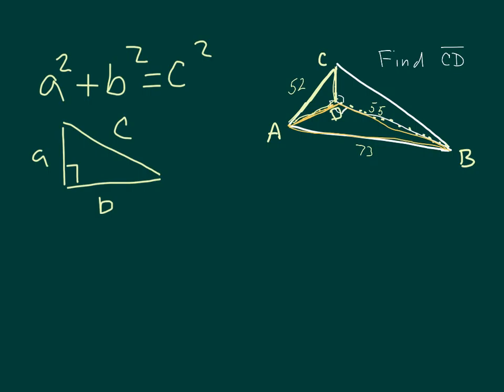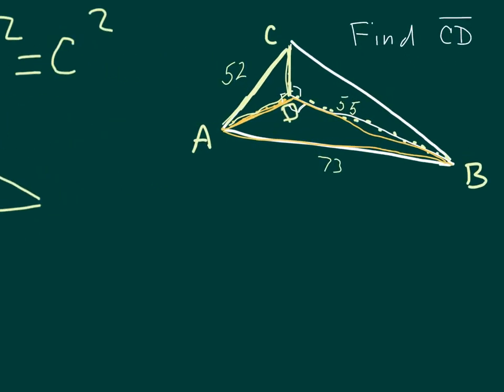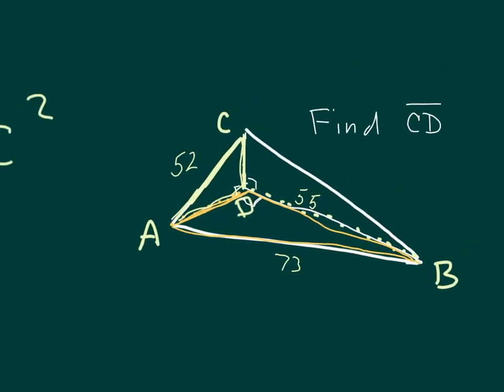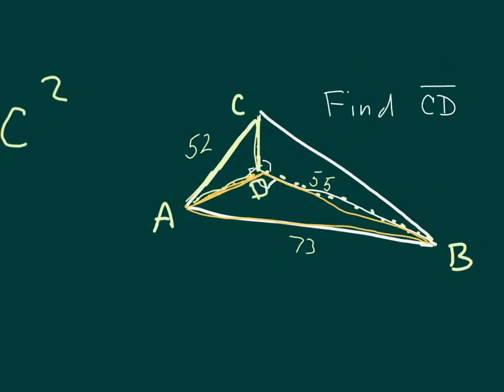Sorry for that bell, we're at school. Then we take a look at our triangles. Which triangle are we going to use? Which triangle has two values? Is it our white triangle? For this white triangle, we have no value for that side.